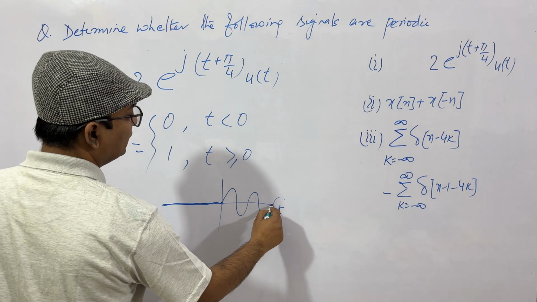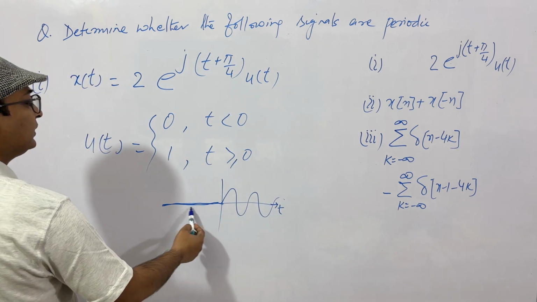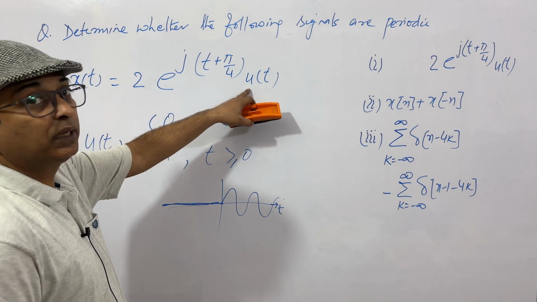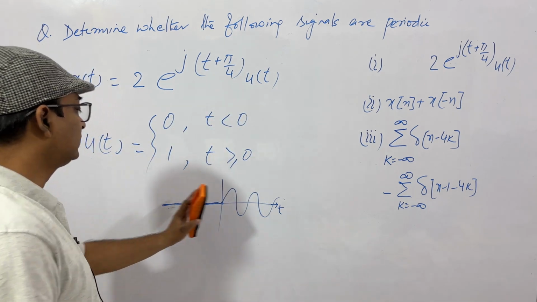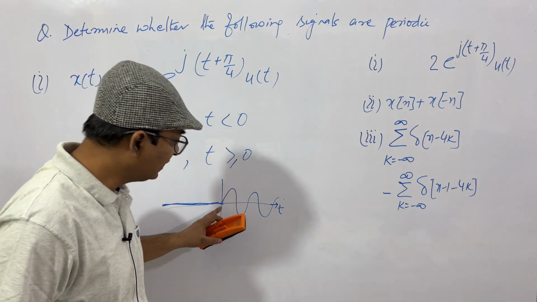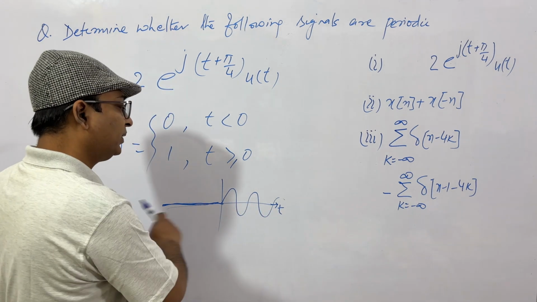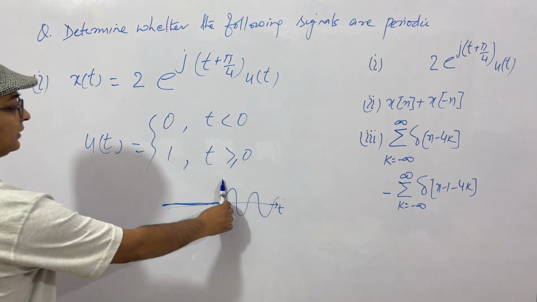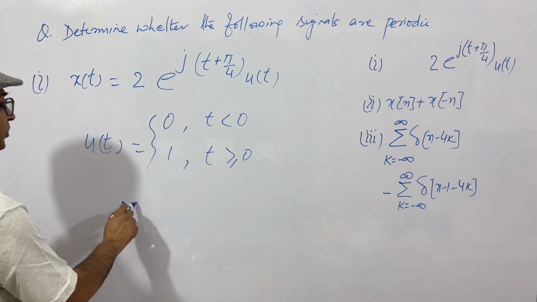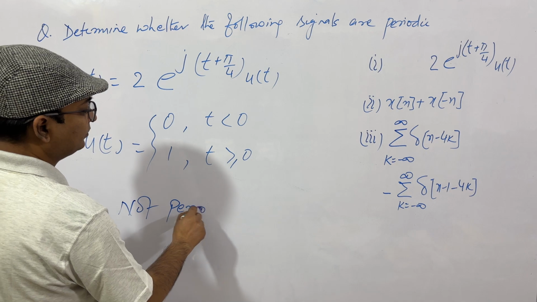On the t timeline, the value of this signal is 0 for t less than 0, because it is multiplied by u(t). So this whole side, the value of the signal is 0. Even though it is periodic on this side, the whole signal is not periodic, since this side is completely 0. Therefore, this signal is not periodic. Clear?